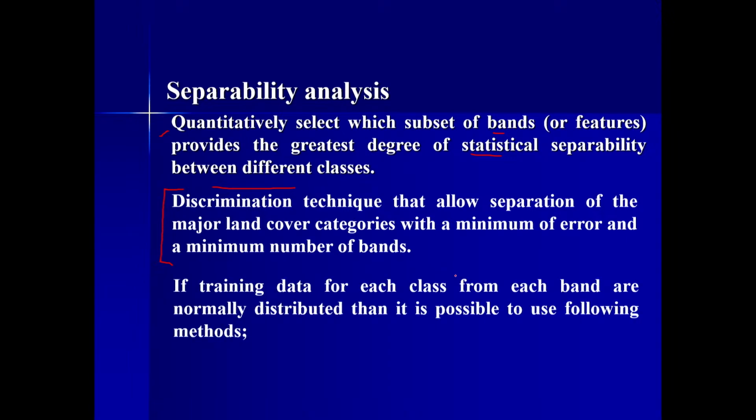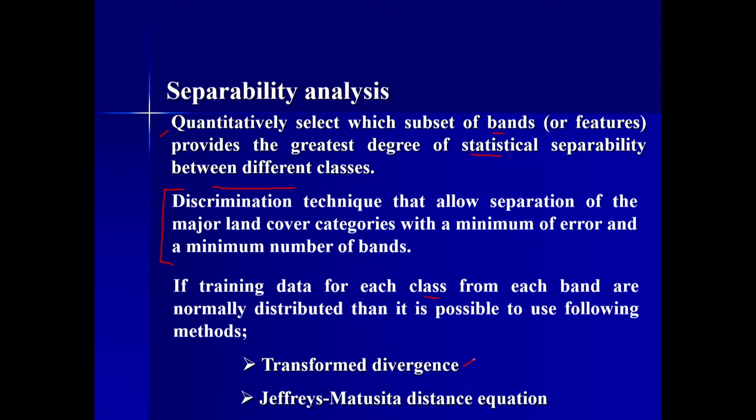If the training data of each class from each band is normally distributed, then we can apply the following methods of separability analysis. The first is transformed divergence, and the second is the Jeffreys-Matsushita distance, and there are two more.